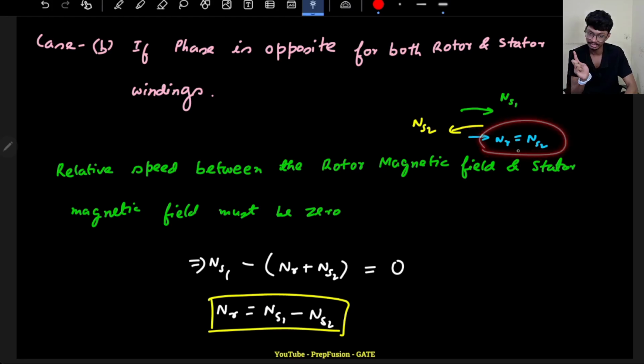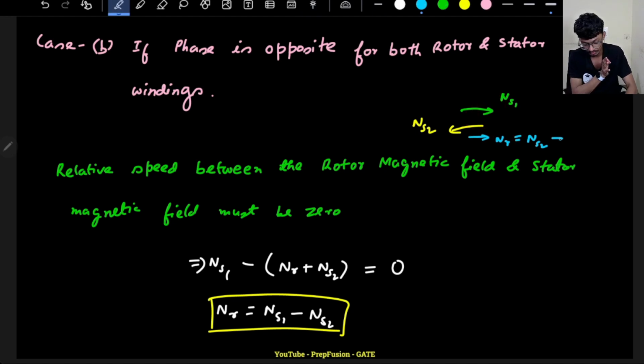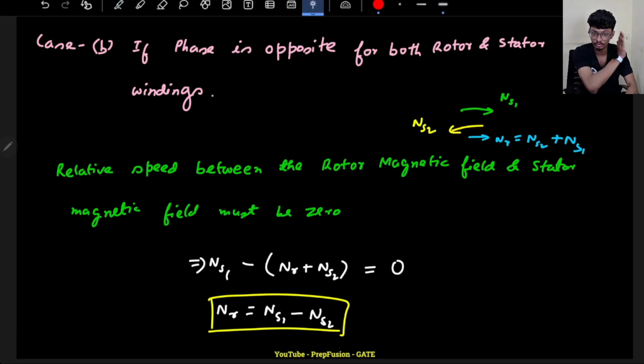But again, the relative speed between the stator magnetic field and the rotor magnetic field must be 0, so I have to move another ns1. With respect to a stationary object, the rotor magnetic field should also move with the speed of ns1, the same as the stator magnetic field.